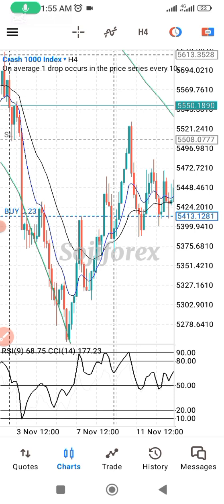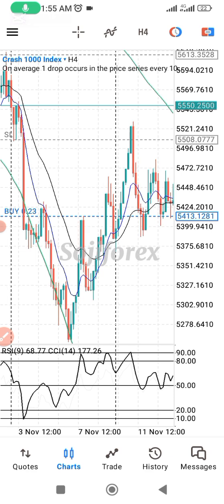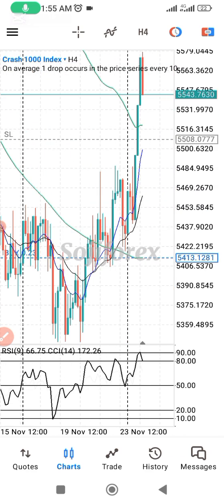You mark out those zones and then you allow price to return into that zone. Then afterwards you will make your trading decision.